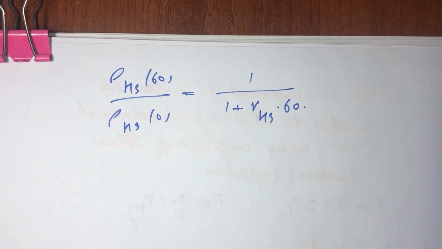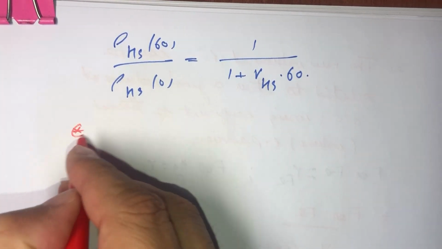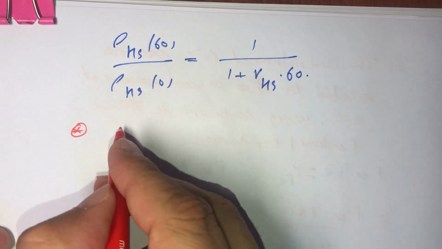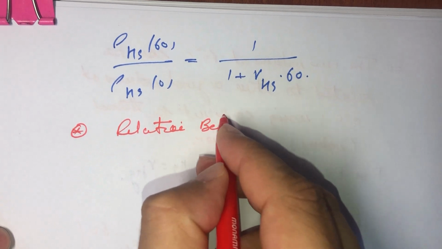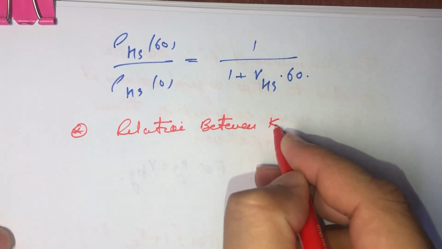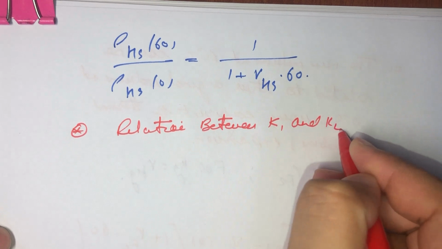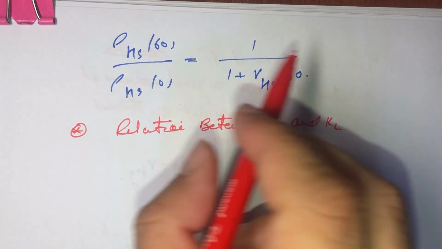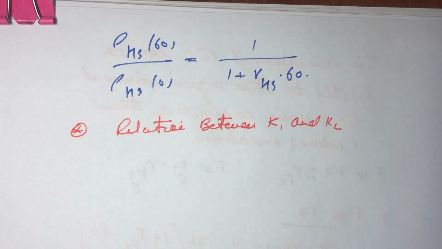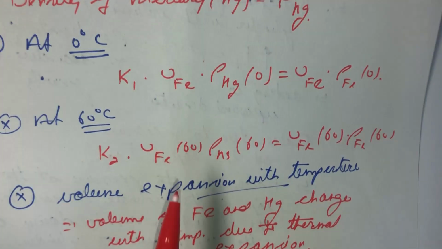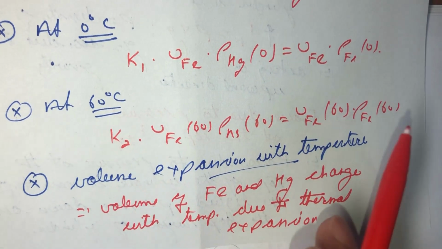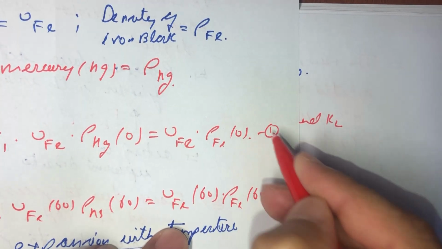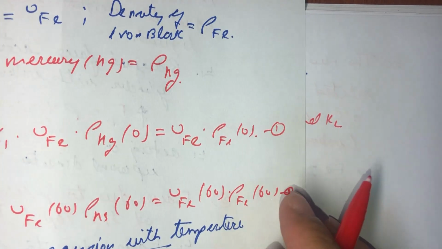Now we are going to find out the relation between K1 and K2. We already know that this is our K1 and this is our K2. We are going to use these two equations, so let us call them equation number 1 and equation number 2.